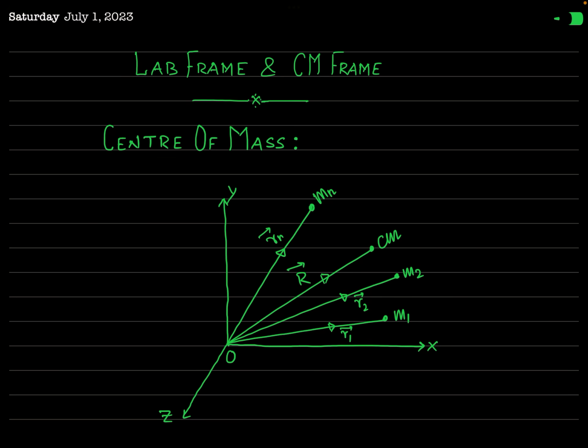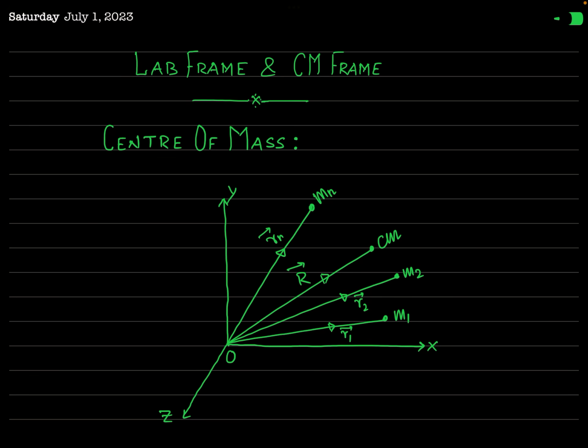Definitely you have learnt about this center of mass in your lower classes, in 11th level. But just for a revision, I am repeating the things so that it will be easier to deal with the problems of this chapter.